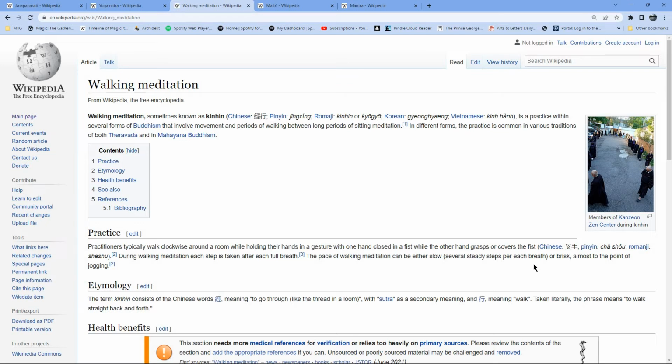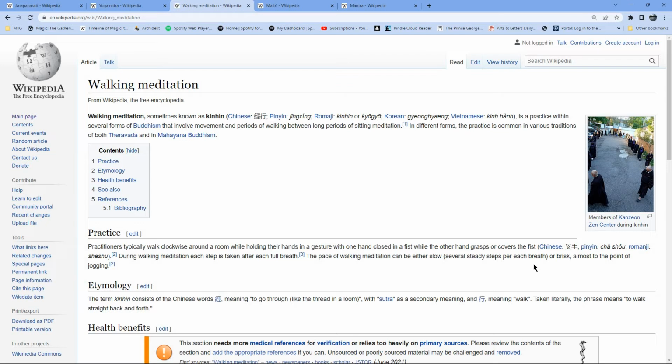And while that is true in some instances, what I wasn't aware of is you can actually do it as a practice in its own right when you're walking regularly, because part of the idea is to synchronize your steps with your breaths.